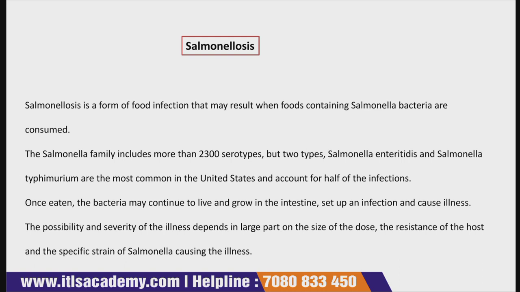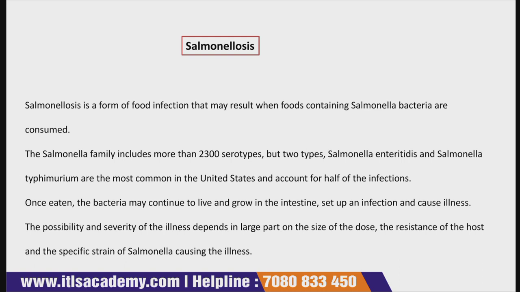The Salmonella family includes more than 2300 serotypes, but two types, Salmonella enteritidis and Salmonella typhimurium, are most common in the US and account for half of the infections. So there are 2300 serotypes of Salmonella known to date, but basically these two, Salmonella enteritidis and Salmonella typhimurium, are most commonly found in the US, and they account for half of the infections.